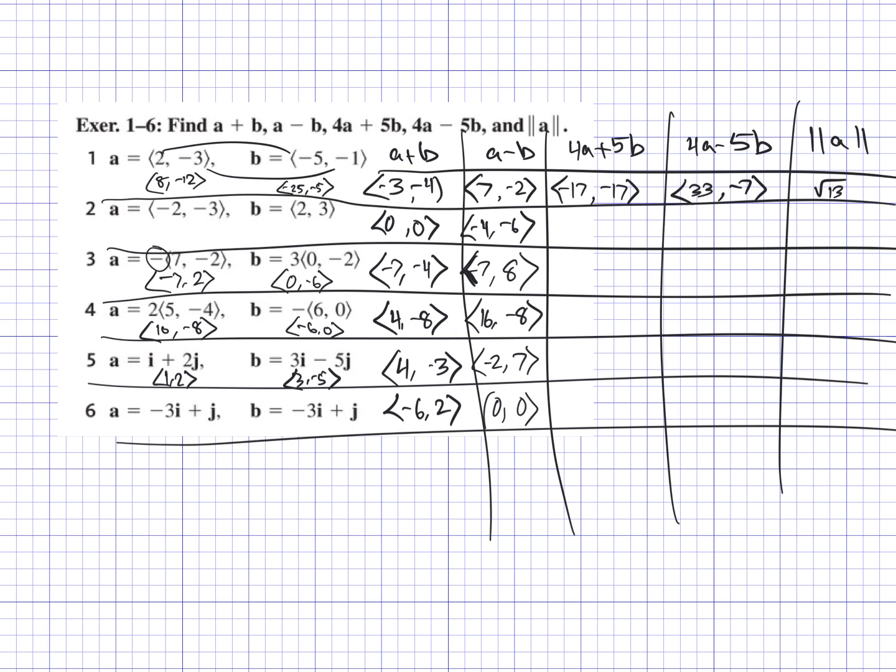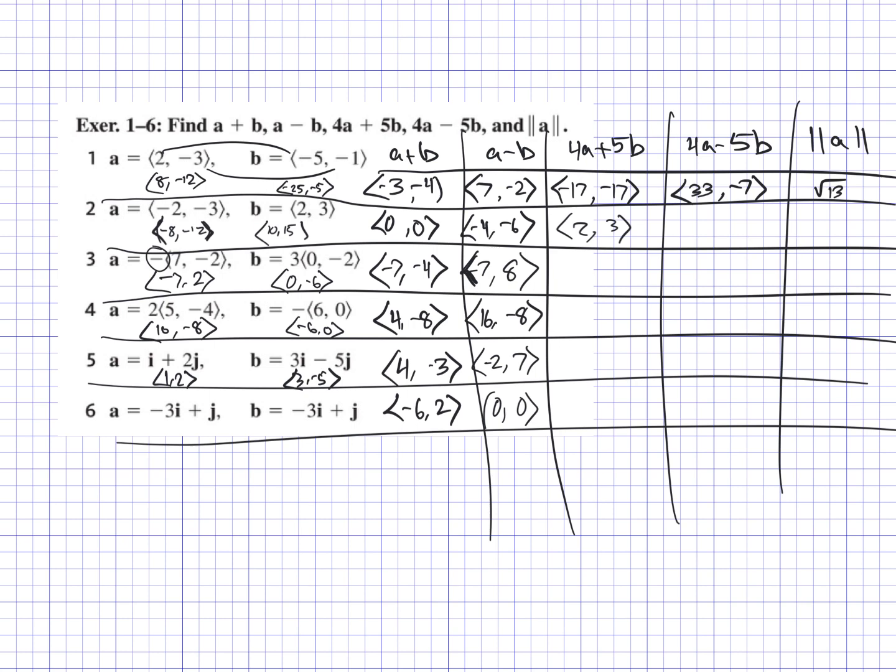Okay, 4a plus 5b on number 2 here. So we need to write those in there. 4a is negative 8 and negative 12. And 5b is 10 and 15. All right, so let's add those together. Negative 8 and 10 is 2. And negative 12 and 15 is 3.